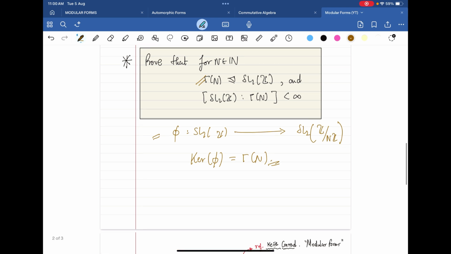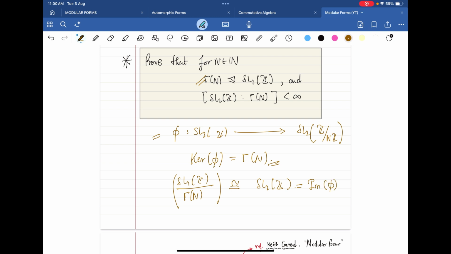Because it's surjective, we can use the isomorphism theorem and directly state that SL2Z mod the kernel of phi, which is gamma n, is isomorphic to the image of phi.